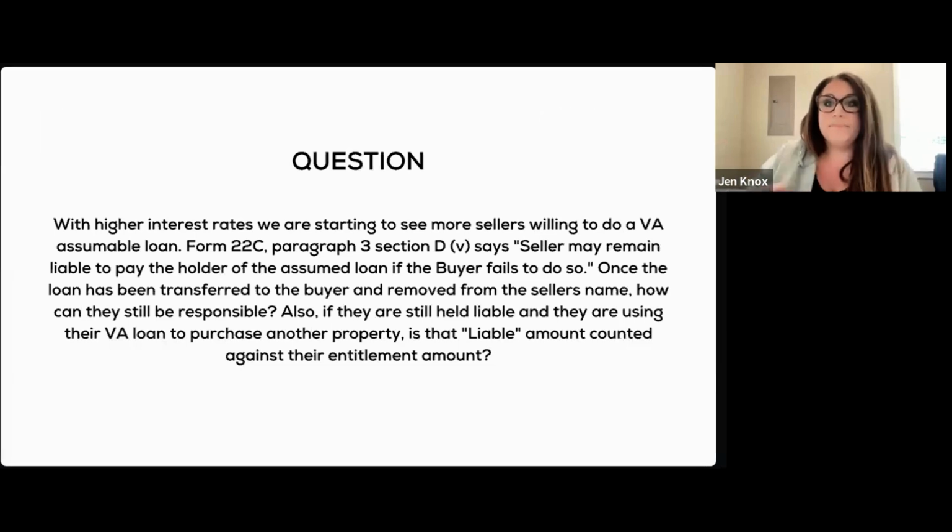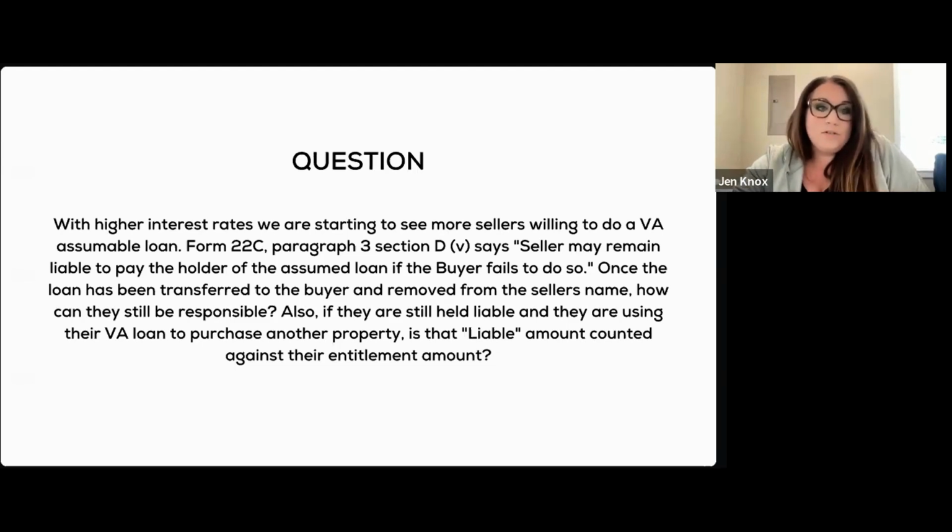All right, so I pulled a question that I thought was a little bit relevant to what we're seeing today. With high interest rates, we're starting to see more sellers willing to do VA assumable loans. Form 22C, paragraph 3, section D says the seller may remain liable to pay the holder of the assumable loan if the buyer fails to do so.